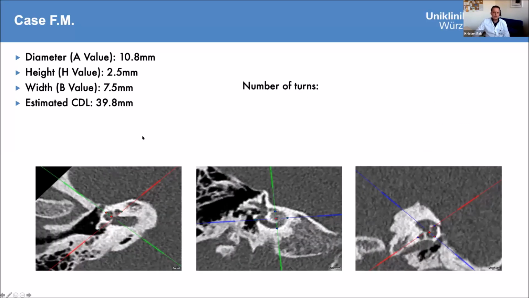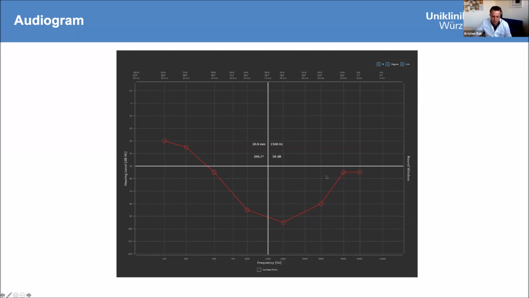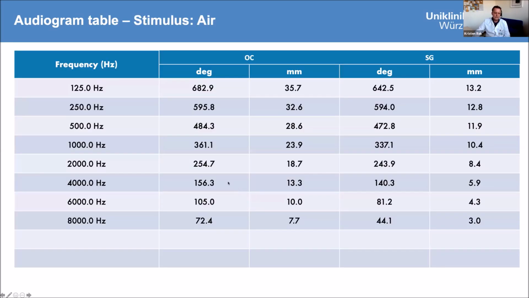Now I would like to show you a short case of one patient where we used the AutoPlan software. That's a young female patient with a progressive hearing loss. We did the measurements of the patient and arrived at a cochlear duct length of 39.8 millimeters. Here now we have the audiogram of this patient, and this is the frequency 125 hertz.